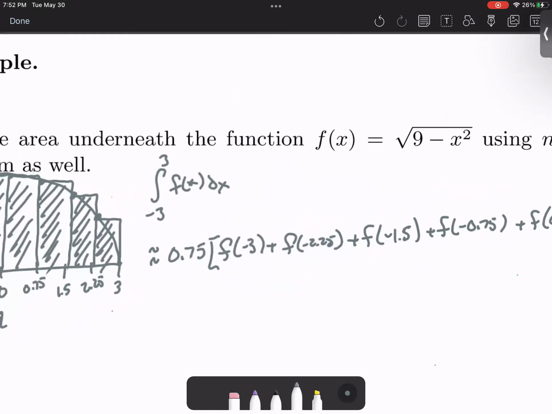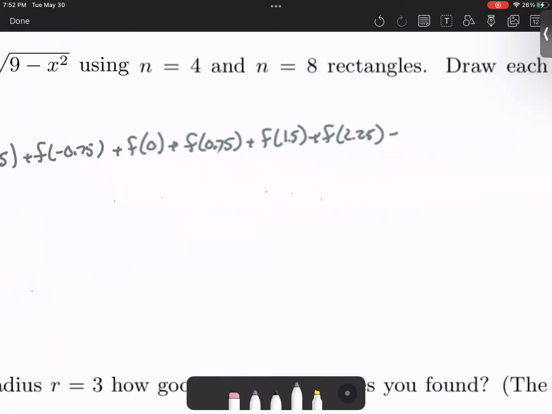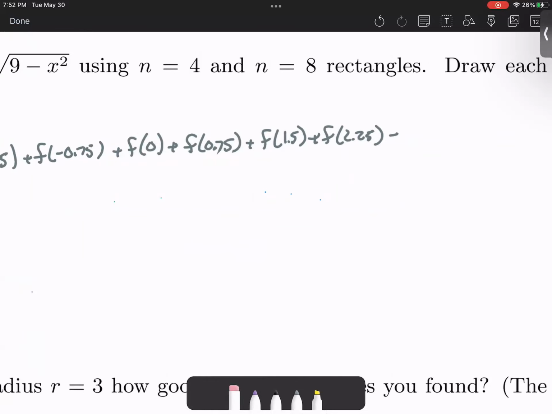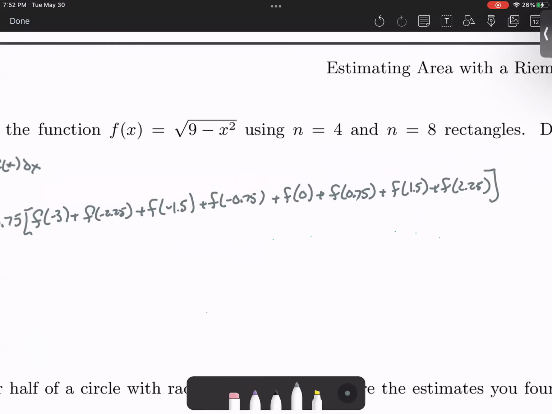Oh, wait, do I have another one? No, my last rectangle is the height at 2.25, right? I don't have another rectangle using the height of 3. So that's it. And you can check yourself. Do you have 8 rectangles? 1, 2, 3, 4, 5, 6, 7, 8. Yeah.